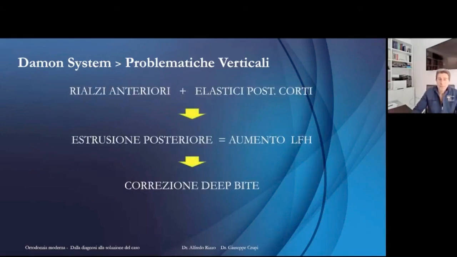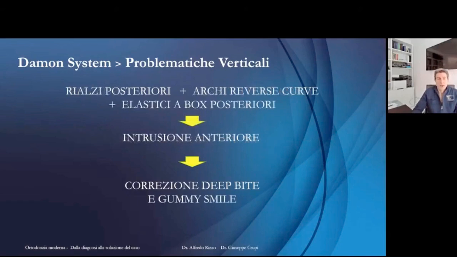This scheme shows us that the anterior buildups with posterior short elastics allow for a vertical effect, that is a posterior extrusion with the increase of the lower facial height, as well as the correction of the deep bite thanks to those changes in the posterior areas.